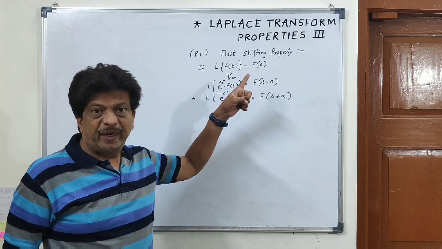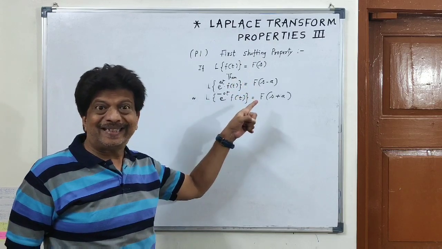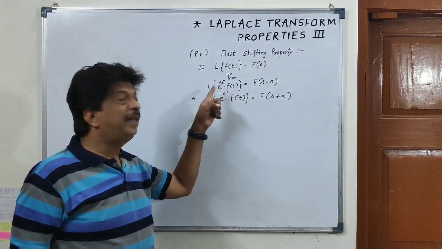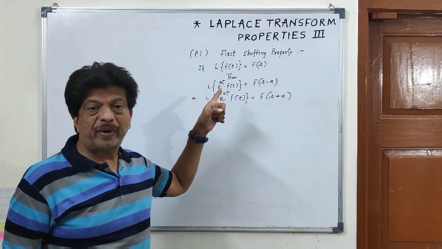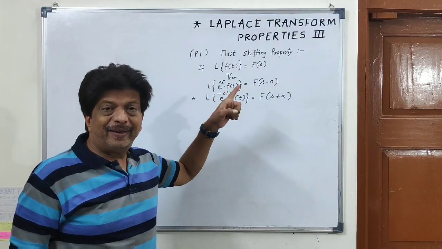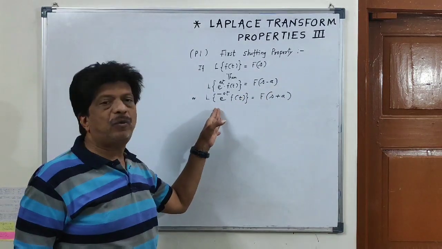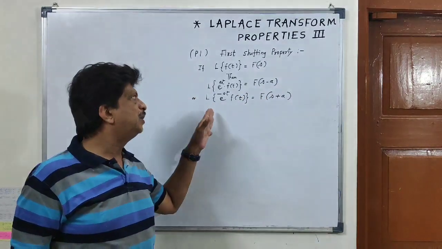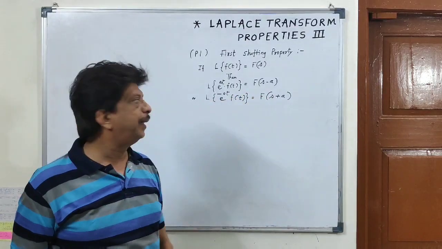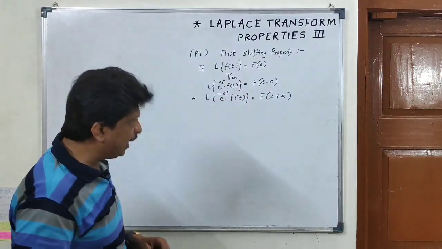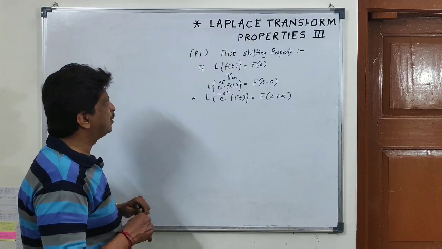In F of s, if we replace s by s minus a, that would be the Laplace transform of e raised to power at f of t. If s is replaced by s plus a, that would obviously equal the Laplace transform of e raised to power minus at into f of t. How? See here. I will justify this.